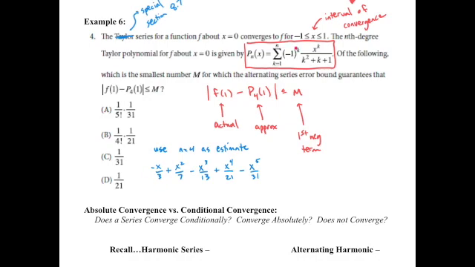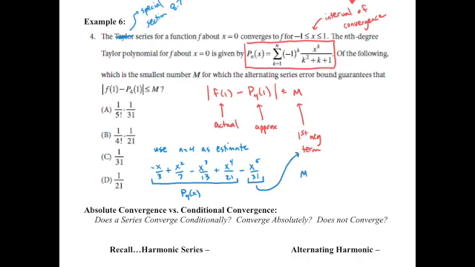I plugged in k as 2, figured out that the next term is x²/7, and so on. These 4 terms would be representative of p sub 4 of x. So that's the approximate equation we're utilizing. We would take that and substitute in 1. This is going to be the first neglected term.